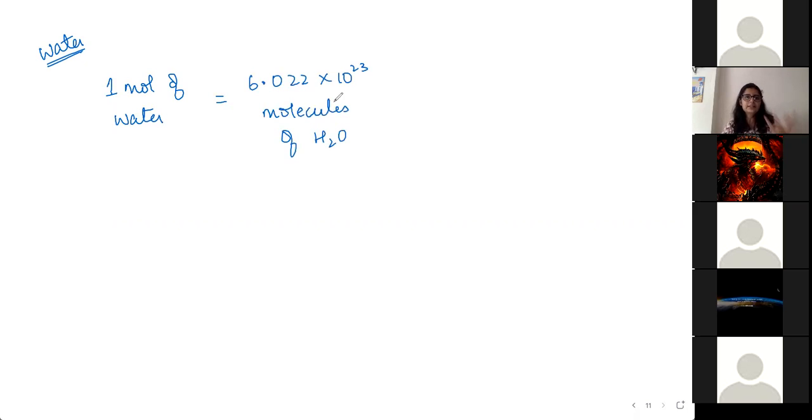And if I took out the weight of this much water, can you guys guess how much the weight is going to be? Can anyone figure out how much the weight of this much water would be?